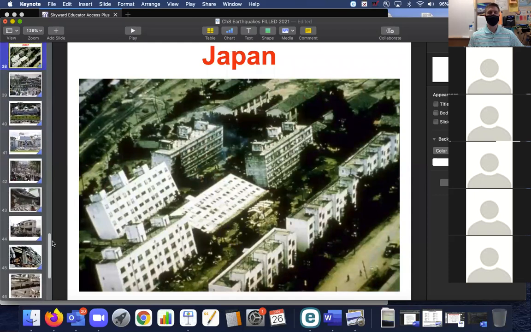This is an example of a phenomenon that we'll talk more about later this week called liquefaction. Basically what happens is while the earthquake is taking place and while it's shaking, the ground basically turns to a liquid because of water that's in the ground and in the soil. And then when the shaking stops, it becomes solid again.